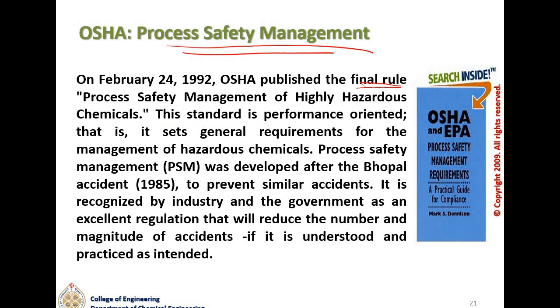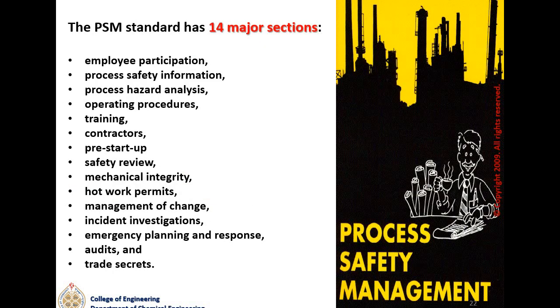This standard is performance oriented, so it's based on performance. And this process safety management was developed after the Bhopal accident. You can see how this really had an effect, so that this never happens again. And the PSM, if you open the book and read more into it, has 14 major sections.